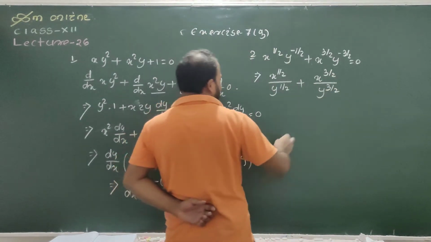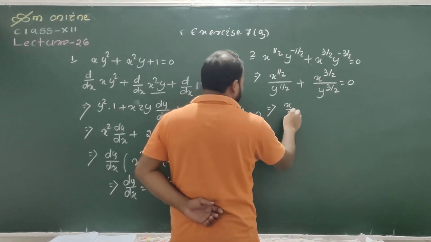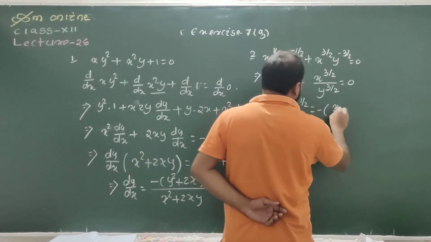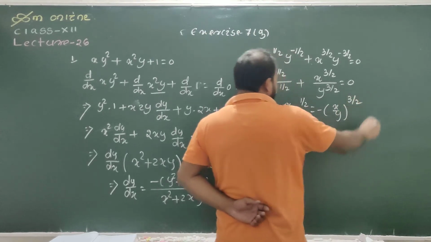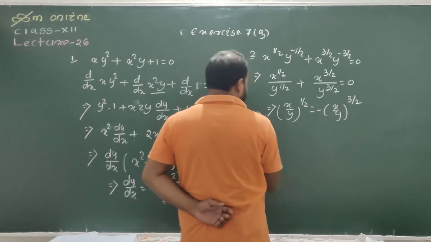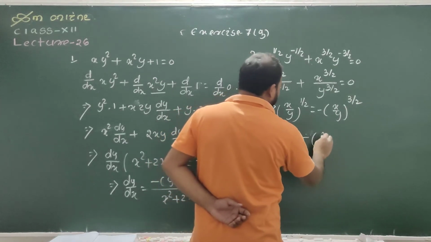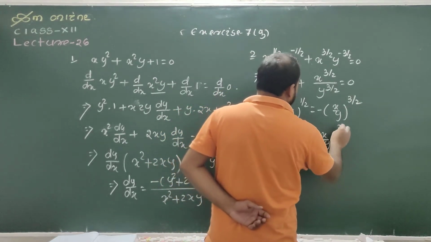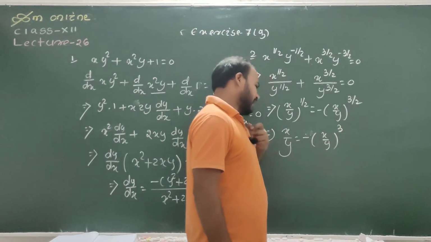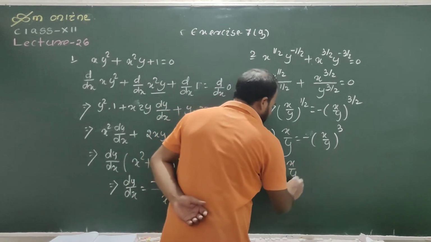Taking this term to the right hand side, it is (x by y) whole to the power half equal to minus of (x by y) whole to the power 3 by 2. The half cancels, so it implies that x by y equal to minus of (x by y) whole cube, and the powers 1 and 3 cancel each other.